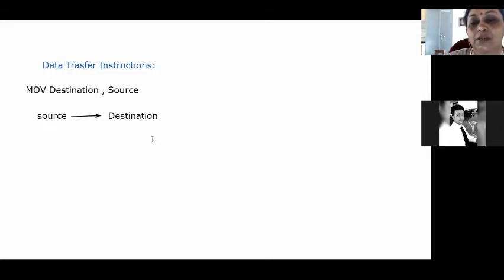Suppose you are transferring data FF hexadecimal from accumulator to B register, then data from accumulator will be transferred to B register, but the contents of accumulator will also be FFH. So this type of data transfer is called non-destructive data transfer, and such a transfer takes place in case of data transfer instruction.